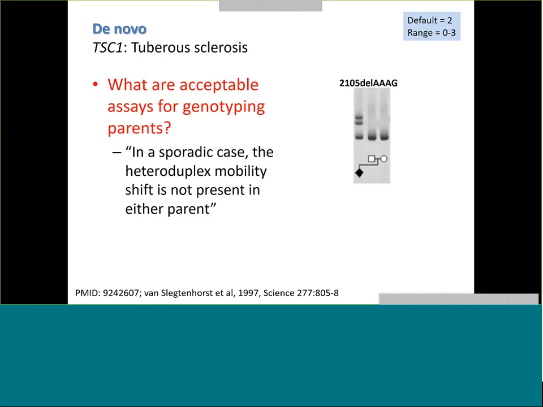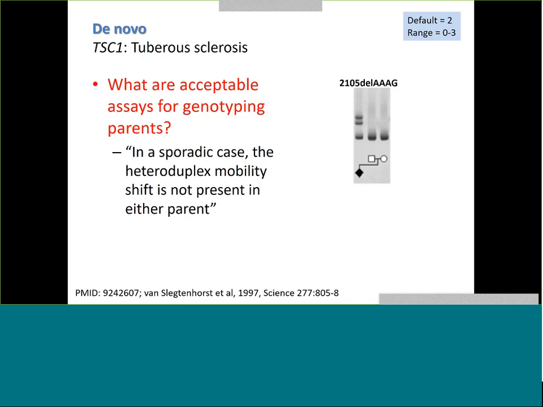So rather than having somebody go off and find out what would be the limitations of a heteroduplex mobility shift, that was pretty much the standard at the time, and that passed muster, and we just say default. Okay, that's really helpful, because we sometimes see this for a regular family analysis too, who had the variant, who didn't, SSCP, heteroduplex, that type of thing. But yeah, this is a really nice gel.